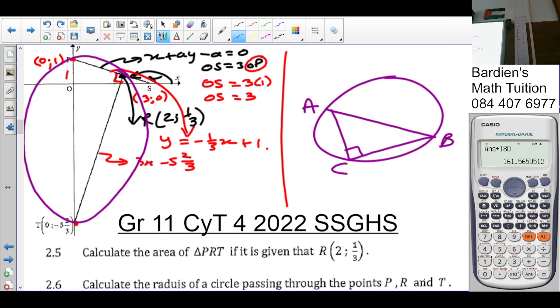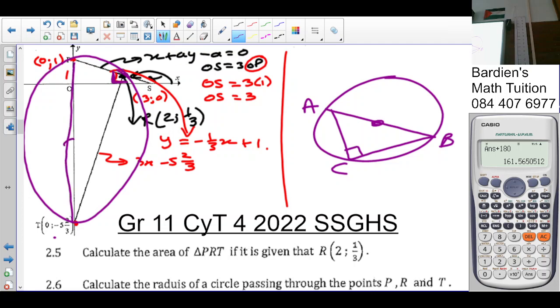It's the converse of angles in a semicircle, or 90 degrees subtended by the diameter. So if you look at this being your 90 here, then where does your diameter lie? PT is your diameter. Not so. That's your diameter.